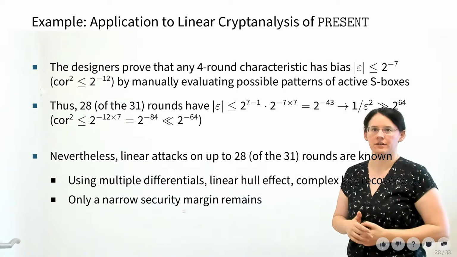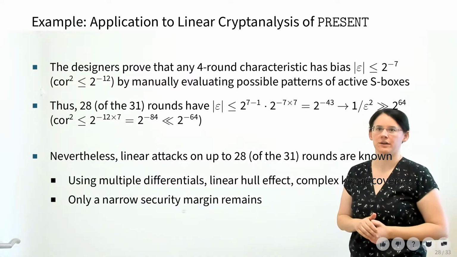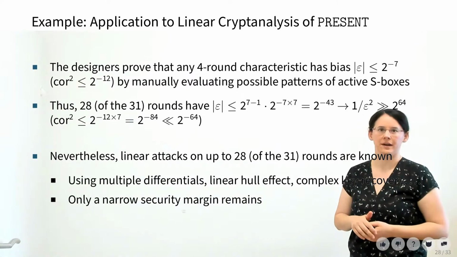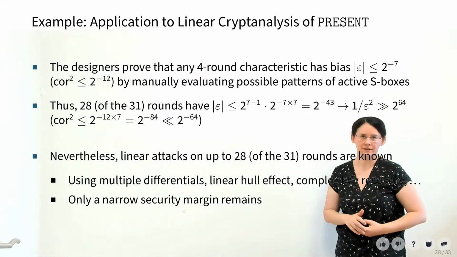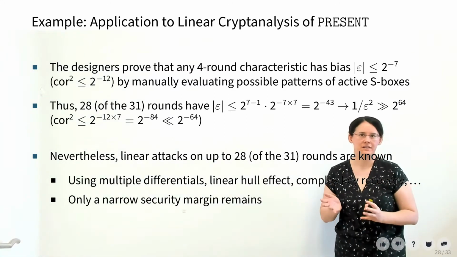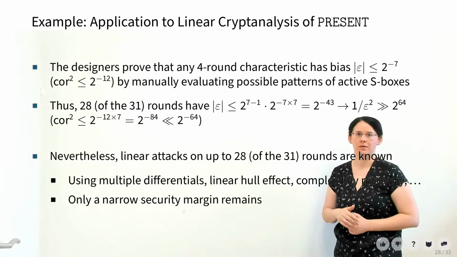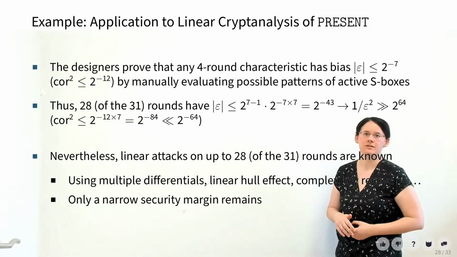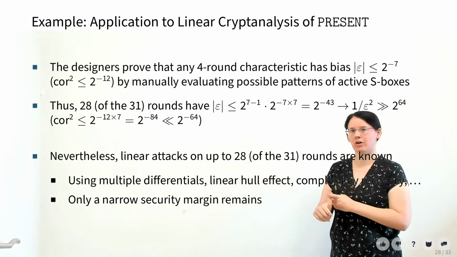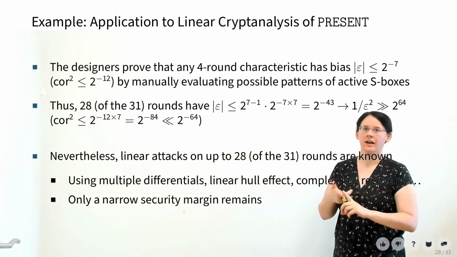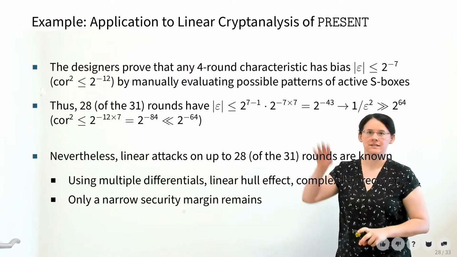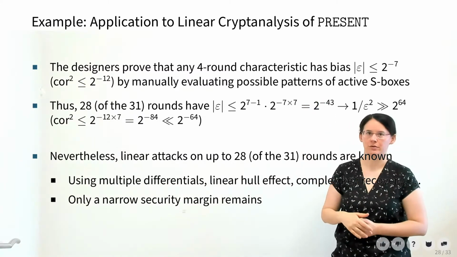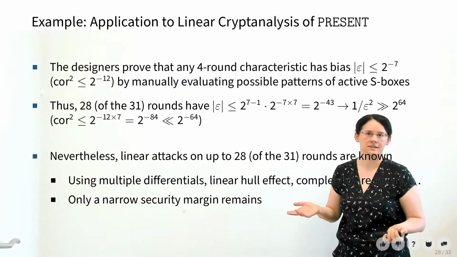Written in terms of squared correlation, this is a squared correlation of 2 to the minus 12. And how did they do it? By manually describing all possible patterns of how many active Sboxes there are and what their bias is. If you're interested in how they did this, you can have a look at the design paper of Present. There they simply describe it.